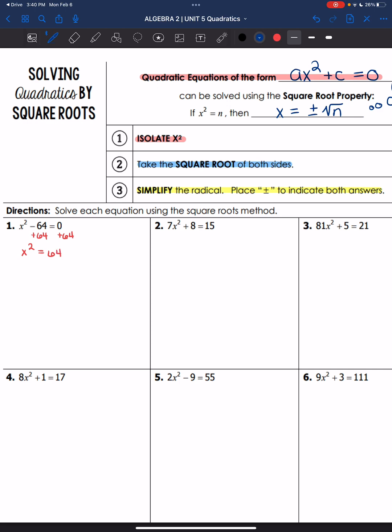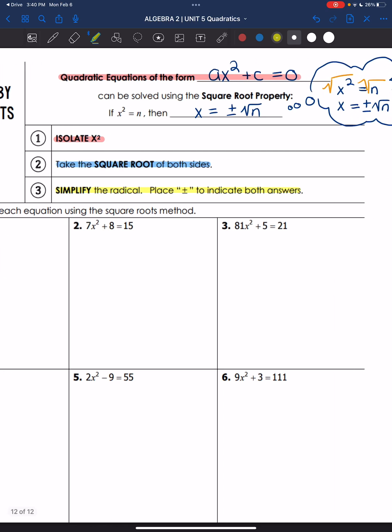Now, step number 2, take the square root of both sides and use that square root property so that we can write that x equals, now our final step, both positive and negative. And we know that the square root of 64 is a perfect square. It is 8. So ladies and gentlemen, that would be our final answer.